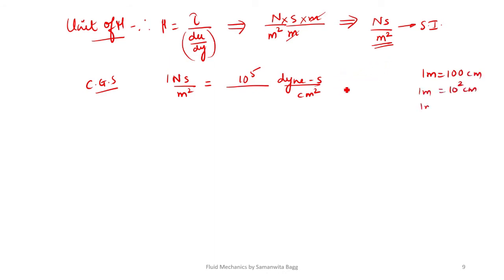So I can say 1 meter square will become 10 raised to 2 centimeter square. This 2 into 2 is 4. So I have 1 meter square is 10 raised to 4 centimeter square. So let's substitute here. This gets cancelled and what remains is just 10 dyne second per centimeter square.